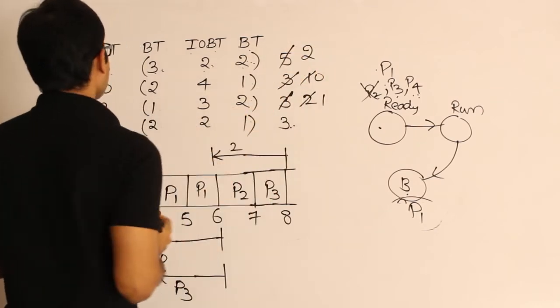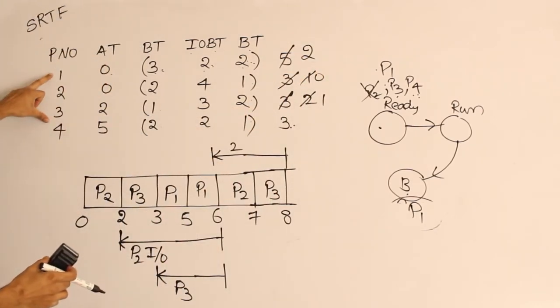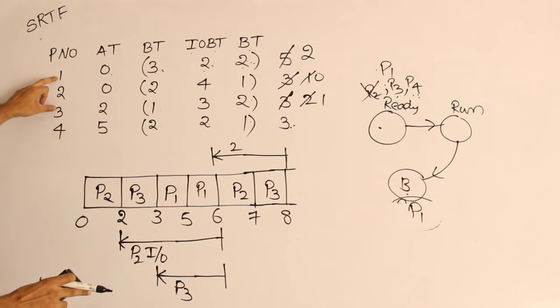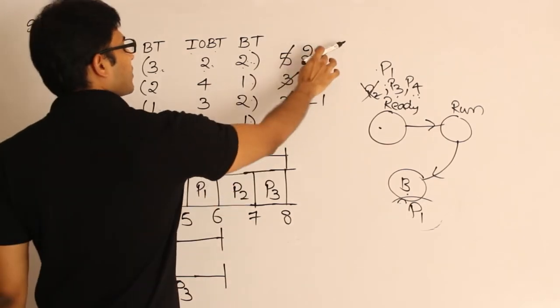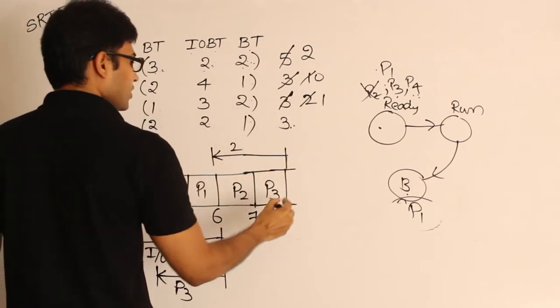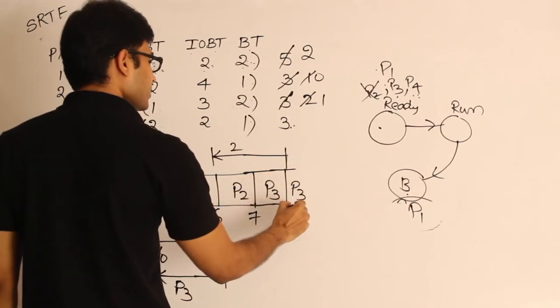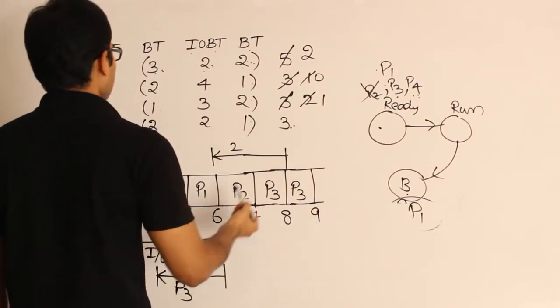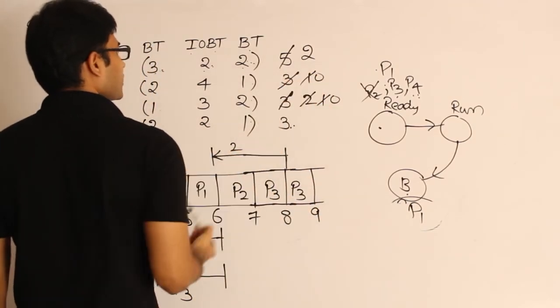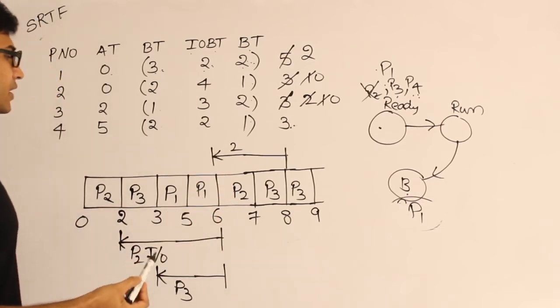Fine. Now watch it. Among P1, P3 and P4, which one has the lowest time? It is P3. Therefore you have to again schedule P3 itself, which means P3 will keep running for 1 more unit, which is 9, right? And at this point P3 is over. P1 completed.